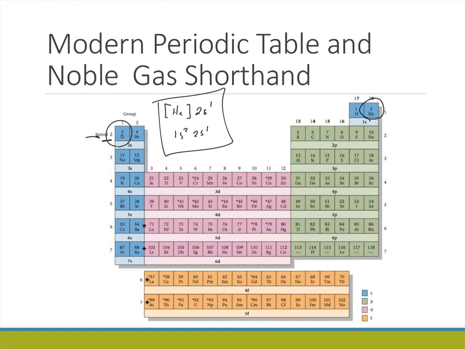But let's do something like chlorine. The noble gas prior to chlorine is neon. So what I would do is I would write the core of neon, then start my count. I come down here, so this is 3s1, 3s2.